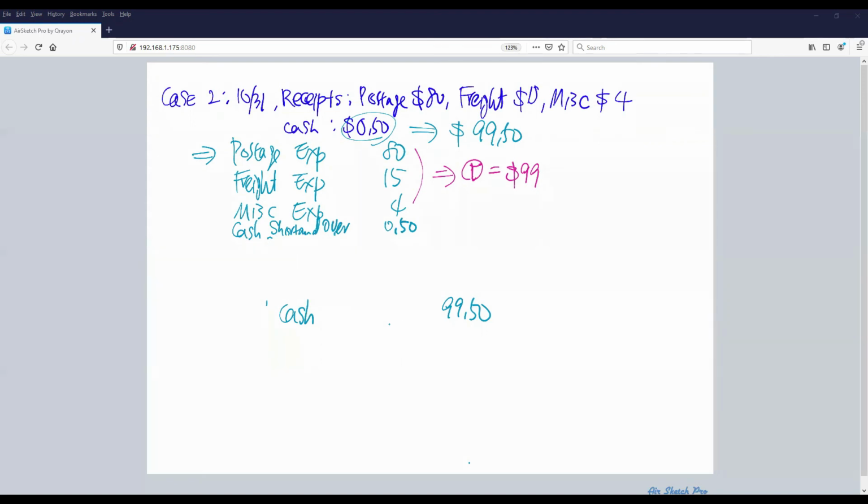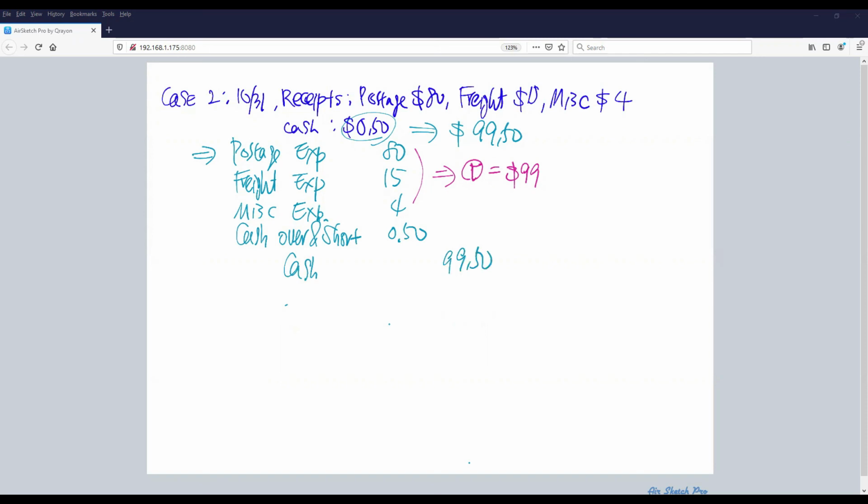This is your journal entry that you should do on October 31st. Again, this does not look very neat, so let me write down again. Cash over and short, 50 cents, and cash, 99.50.